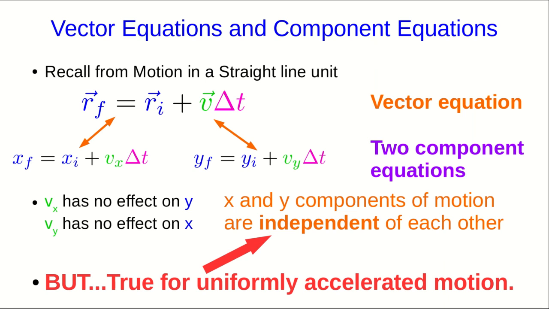So for now, I will just leave it at saying that this is true for uniformly accelerated motion, just like it's true for uniform velocity motion. And so that's going to be very helpful to us because it means that the uniform accelerated motion equations can split into two component equations which are independent of each other.